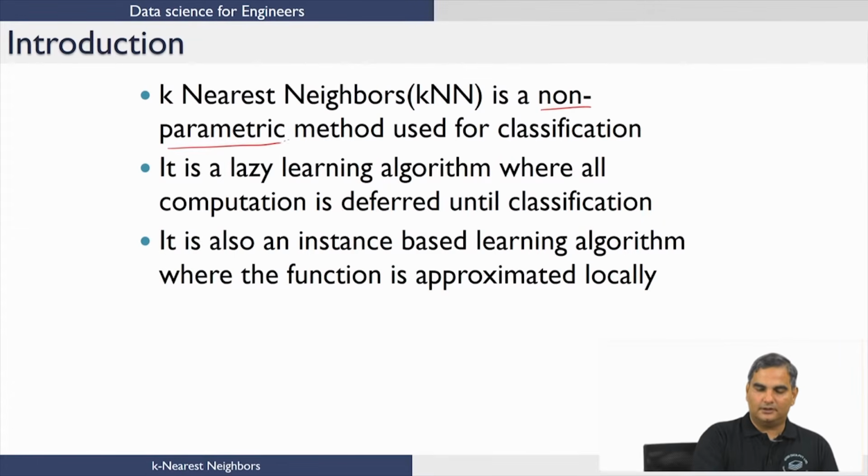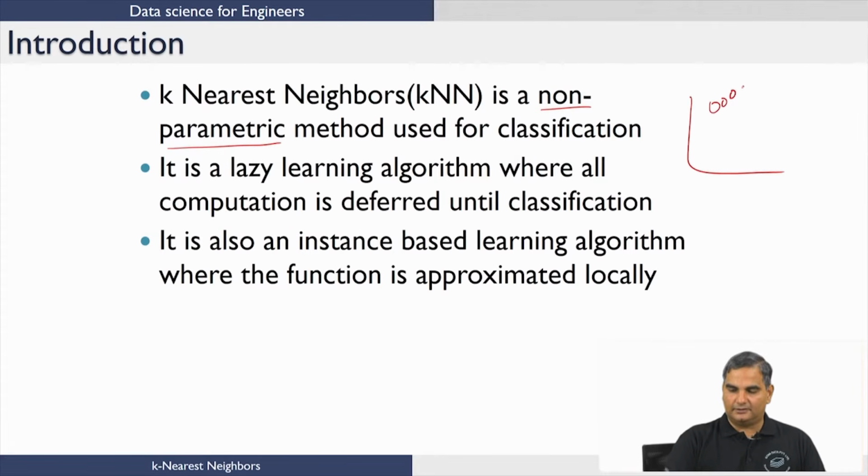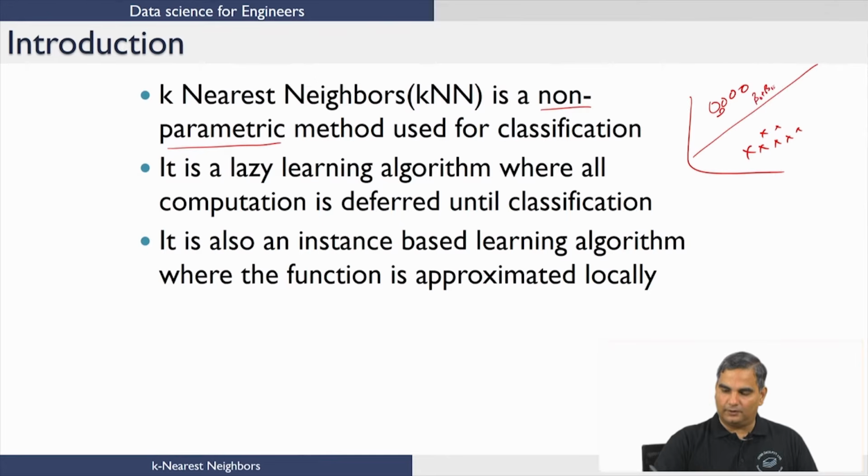non-parametric means. Remember, when we looked at logistic regression, for example, we said let us say there is data like this, and we are going to use the trained data to develop a hyperplane of this form: beta naught plus beta 1 1 x 1 plus beta 1 2 x 2 in the 2D case.